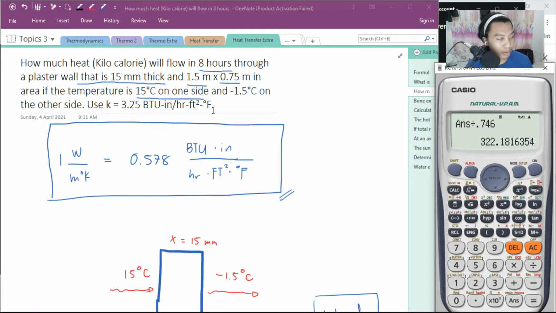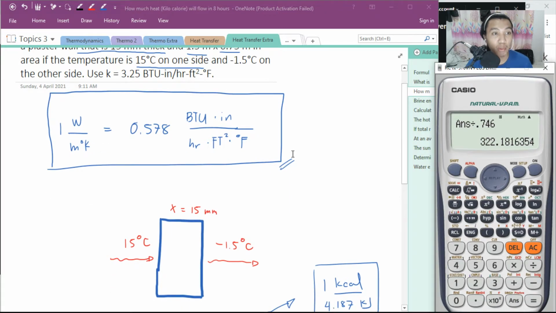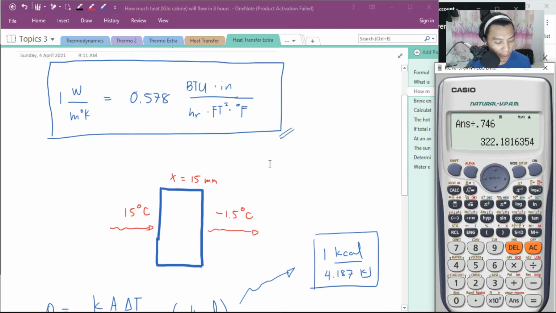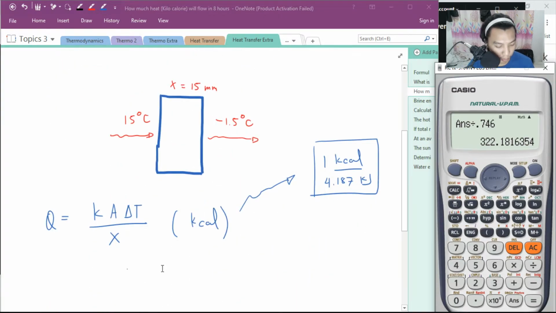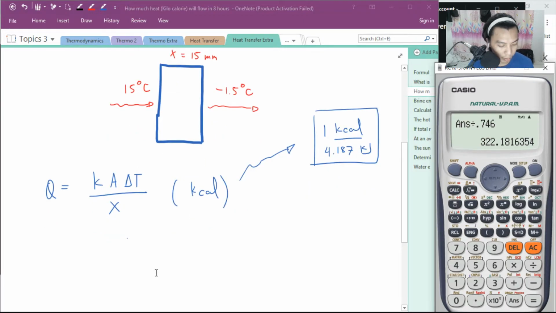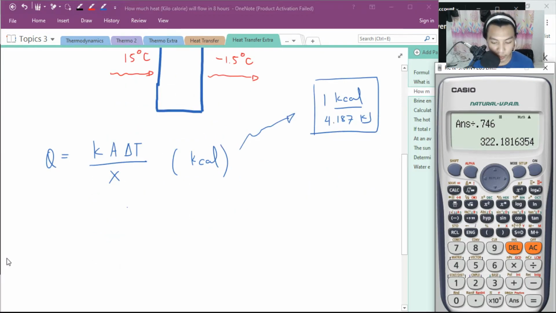And then if the temperature change is 15 to negative 1.5 on the other side, use k is 3.25 BTU inches per hour, feet squared, degree Fahrenheit. So, dapat tama ang sagot ko dito eh. Let us check. Okay? Para hindi tayo nalilito. So, this is Q. Conventional way of solving.